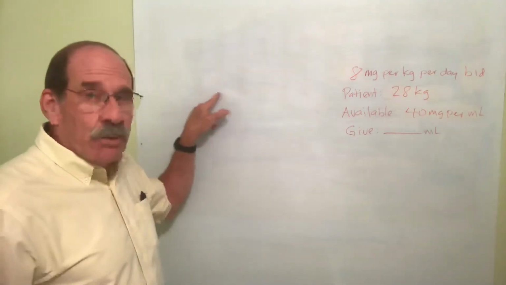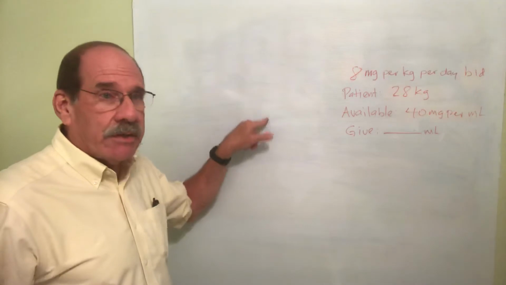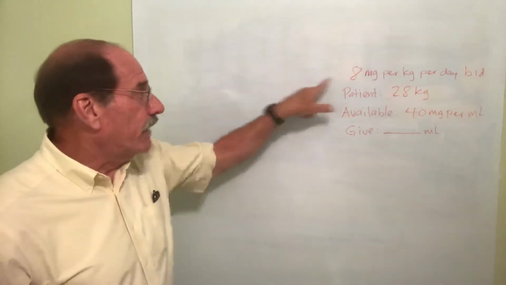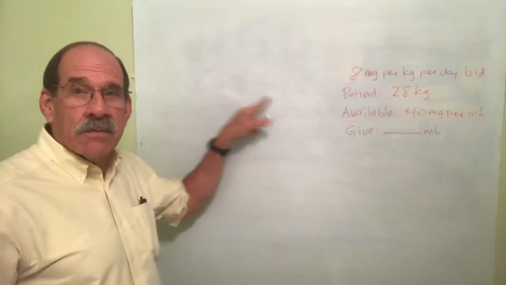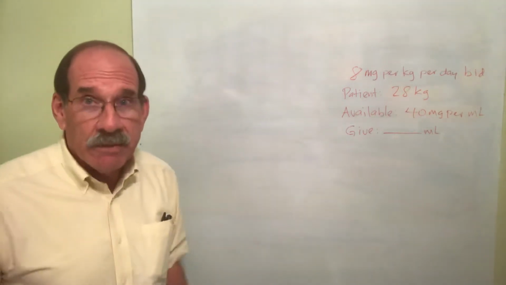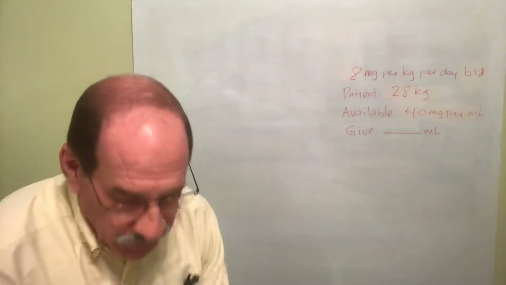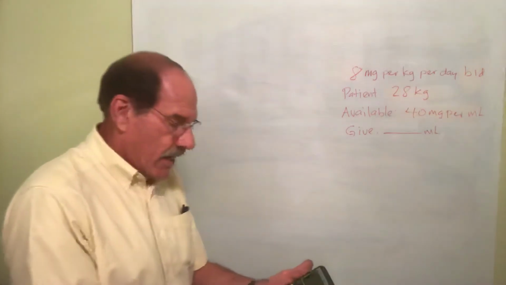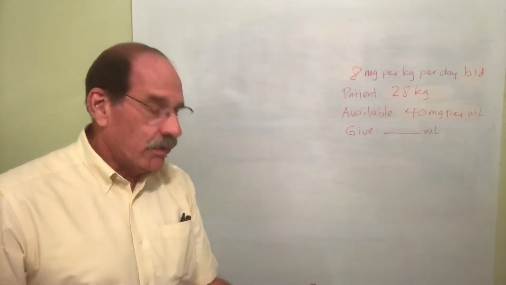So I've got 28 kilograms times 8 milligrams per kilogram per day. So I'd multiply the 8 times the 28. You're doing this, I hope, on your paper. The kilograms will cancel out. So when you take the 8 times 28, that's 224.